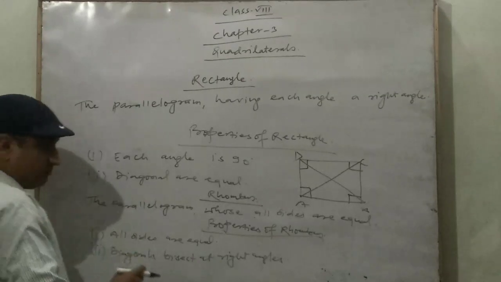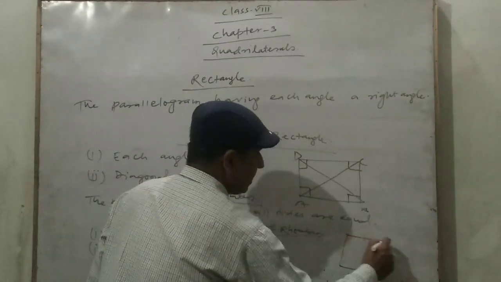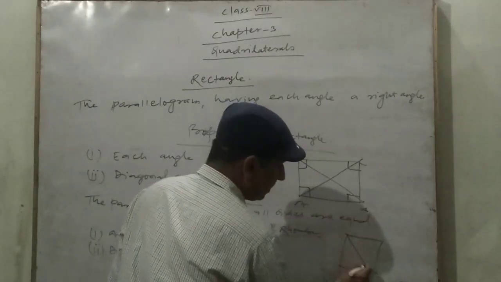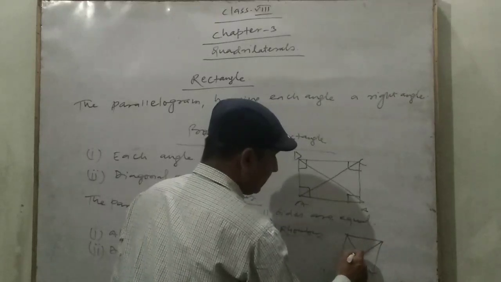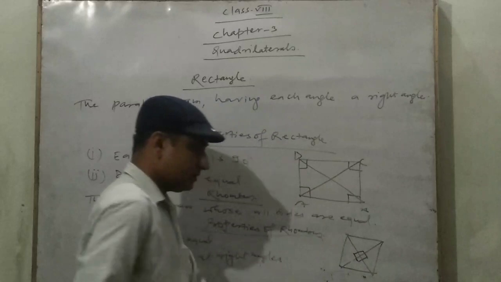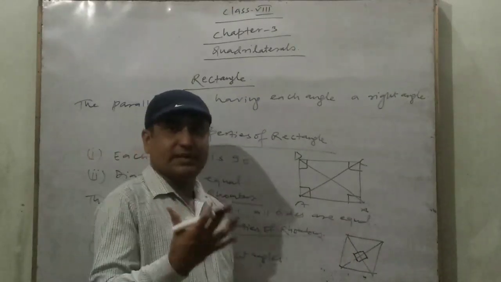And now rhombus, this is a rhombus, and it has all sides equal, and diagonals bisect at right angles. This is a very important property, students. You have to face many questions on that.